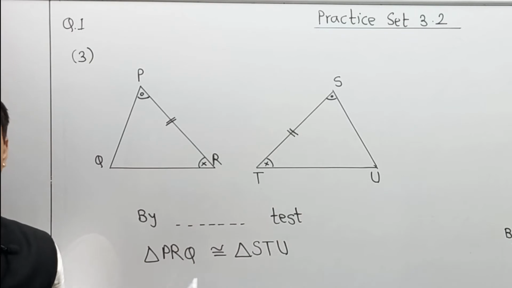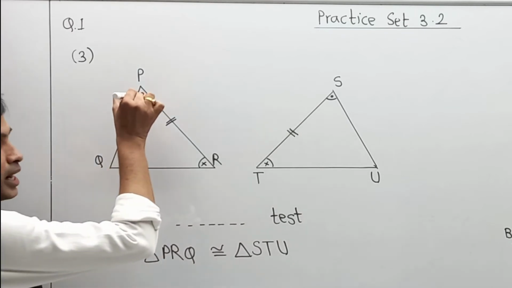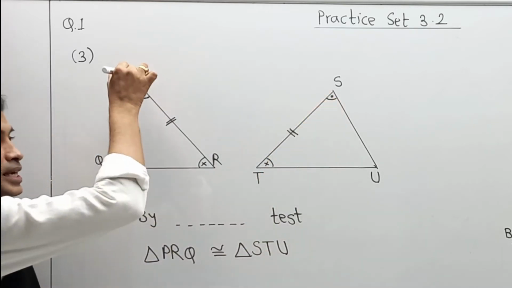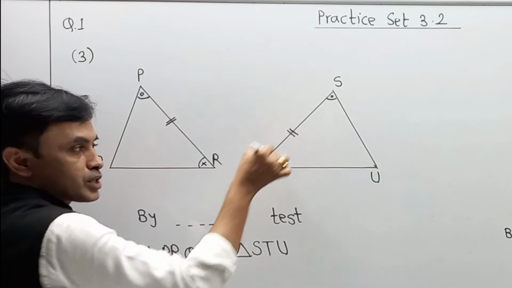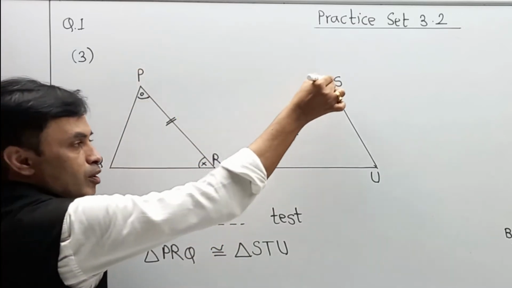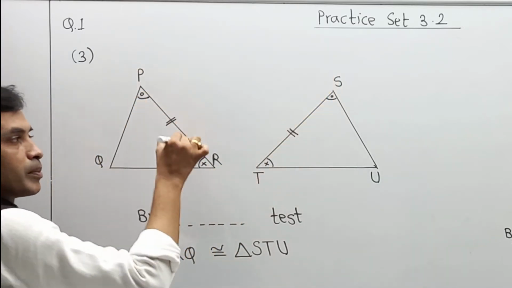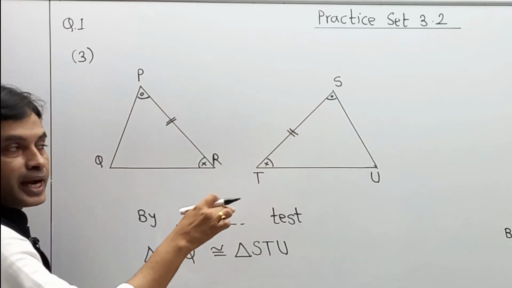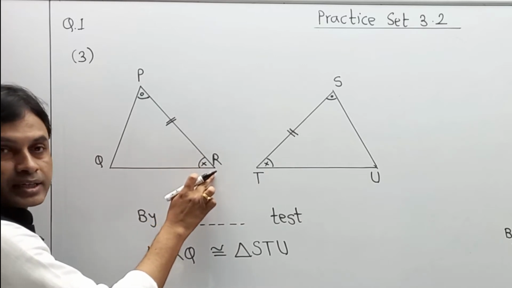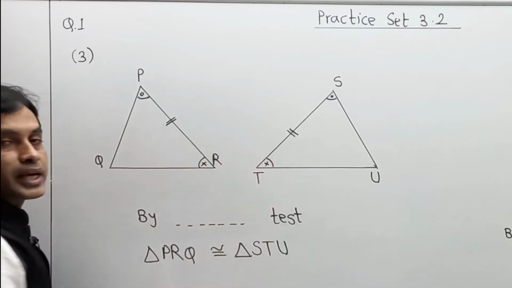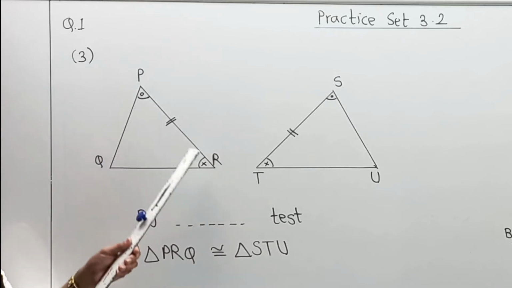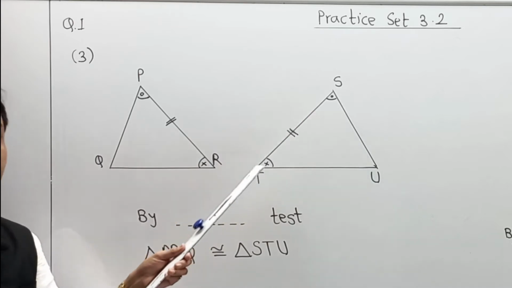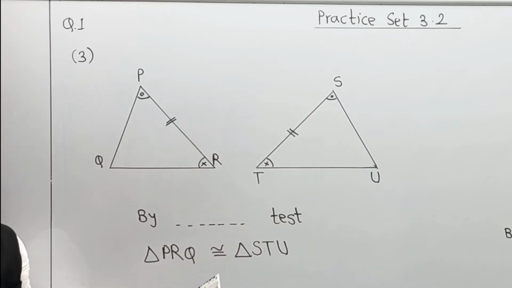About the markings or symbols, they have given angle P is congruent with angle S. That is the first marking. Second, side PR is congruent to side ST, with a double mark on the sides. So first angle, then side. And again we get angle R, which is marked over here, is congruent with angle T. Naturally, two angles and the common side of the first triangle are congruent with two angles and one common side of the second triangle.